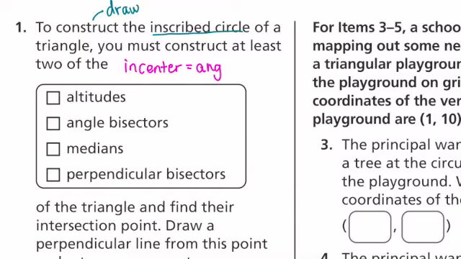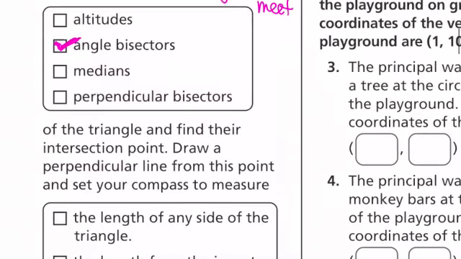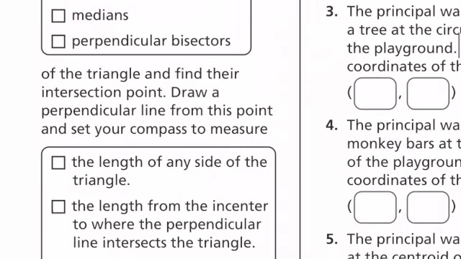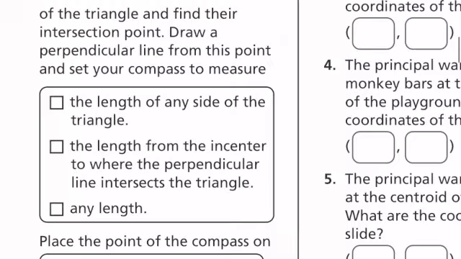angle bisectors meet. So you must construct at least two of the angle bisectors, right? We wanted the angle bisectors of the triangle to find their intersection point, which again would be the incenter. And then it says draw a perpendicular line from this point and set your compass to measure.